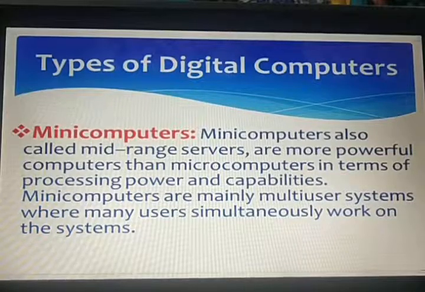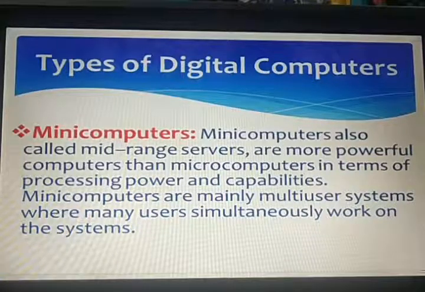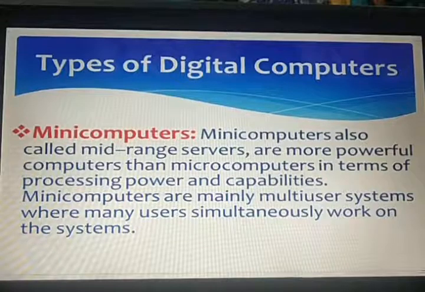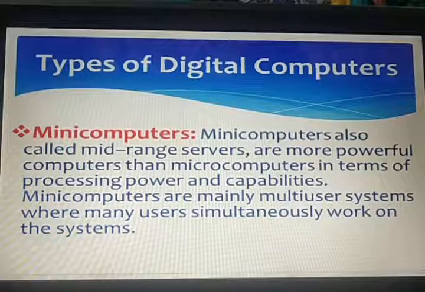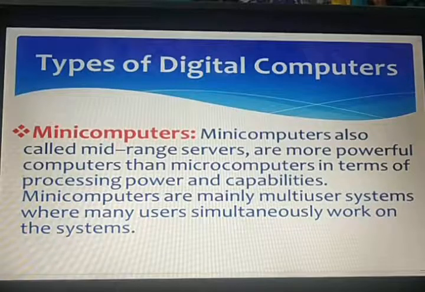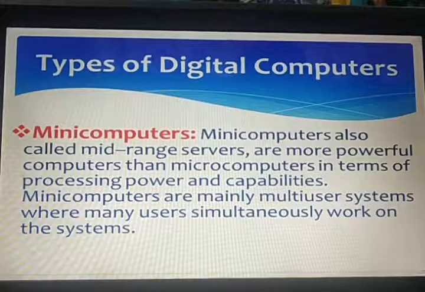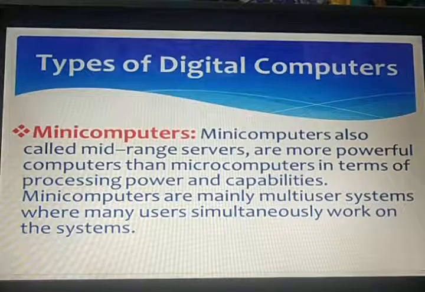Minicomputers emerged in the mid-1960s and were first developed by IBM Corporation. They were primarily designed for business applications and services that require the performance and efficiency of mainframe computers. Minicomputers are generally used as mid-range servers where they can operate mid-sized software applications and support numerous users simultaneously.